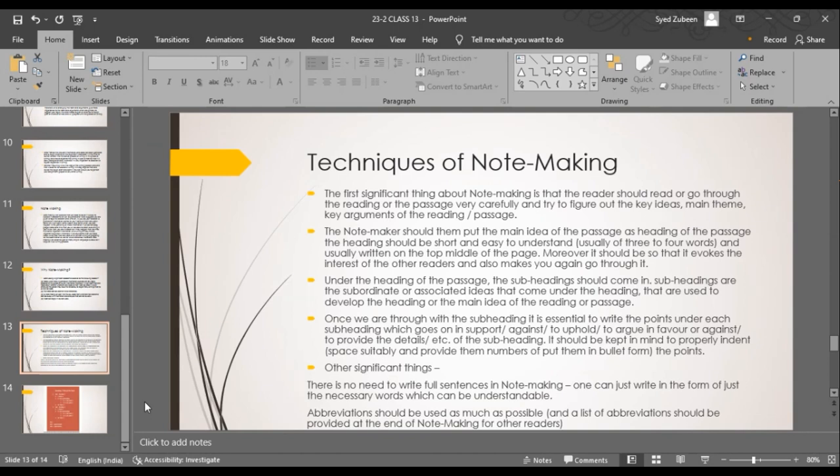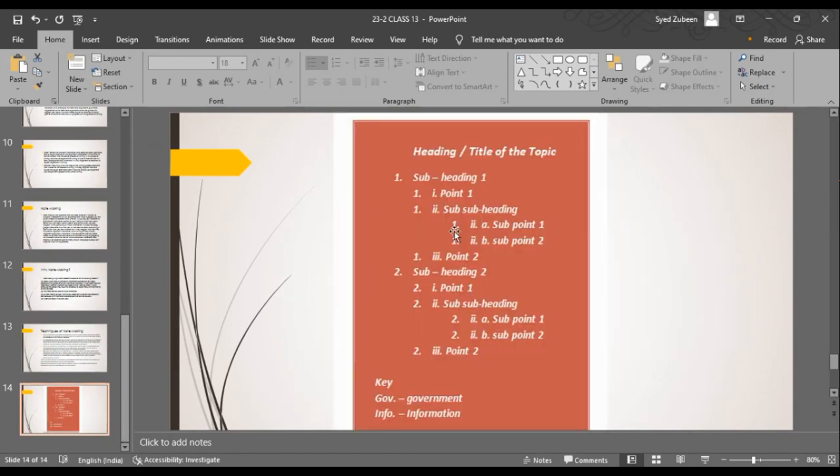Once we are through with the subheadings, it is essential to write the points under each subheading, which go in support or against, to uphold, to argue in favor or against, to provide the details, etc. of the subheading. It should be kept in mind to indent properly, space suitably, and put them in bullet points.